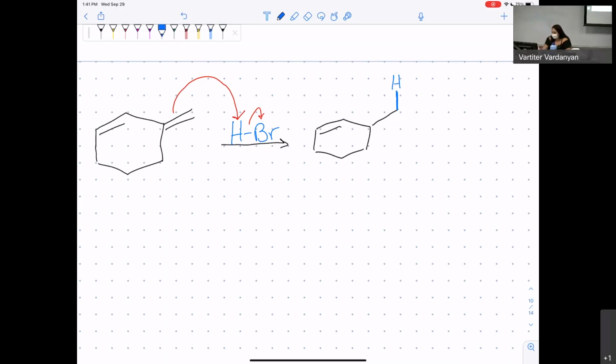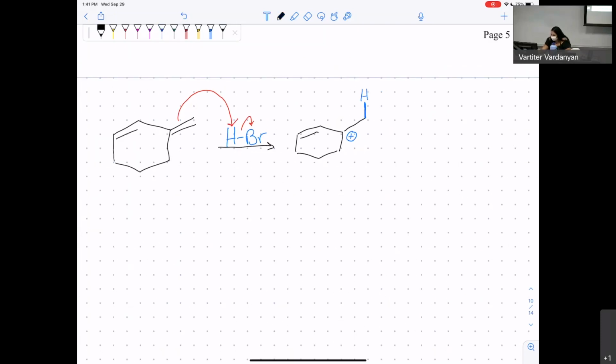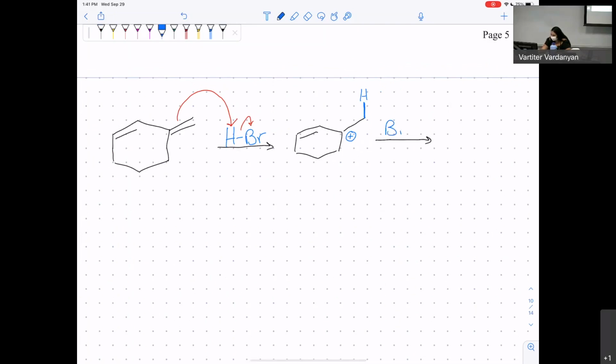Okay, so now what do we have here? A carbocation. Cool. Okay, so now that we have a carbocation, and we also have Br minus, what can we do? Attack. So the Br minus can attack the carbocation. Bam.